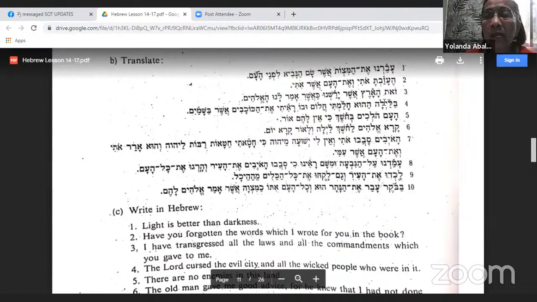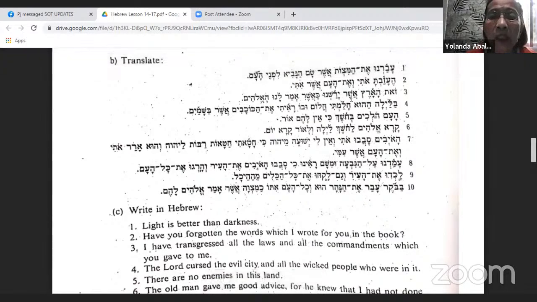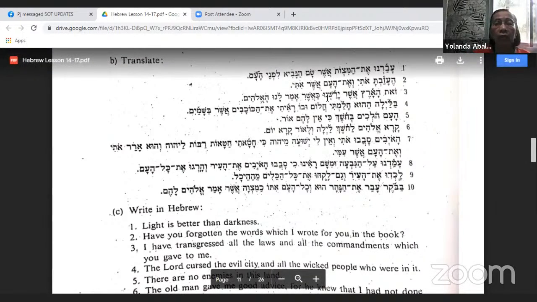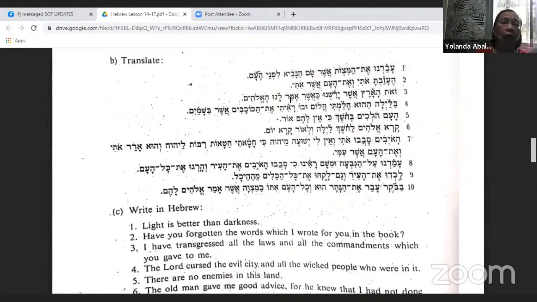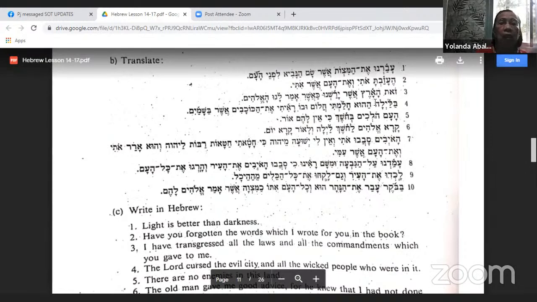Zot, this, Haaretz, the earth, Asher, which, Yarashnu, we inherited, Kaasher, like, therefore, Amad, we stand, Lanu, Ha Elohim, before the Lord. Lanu is us, for us. We stand for us, God.